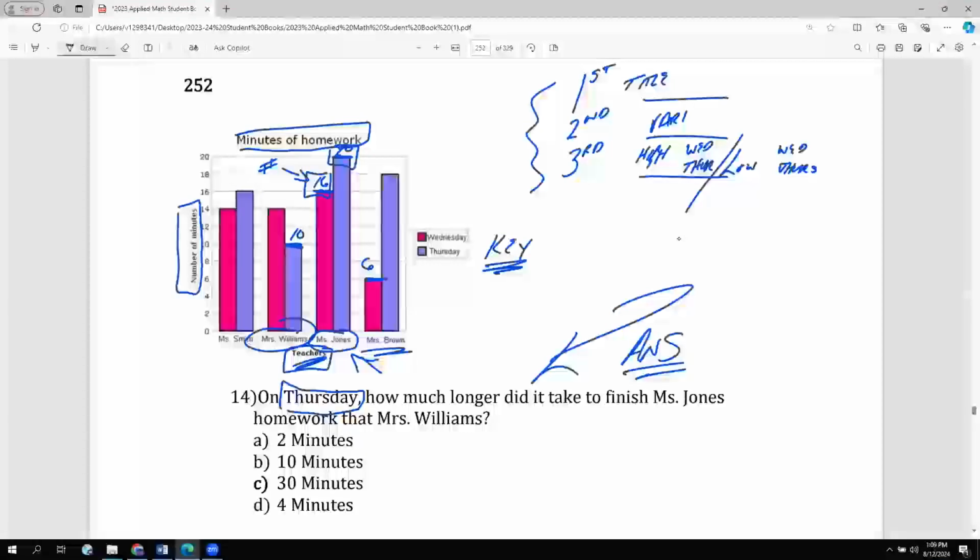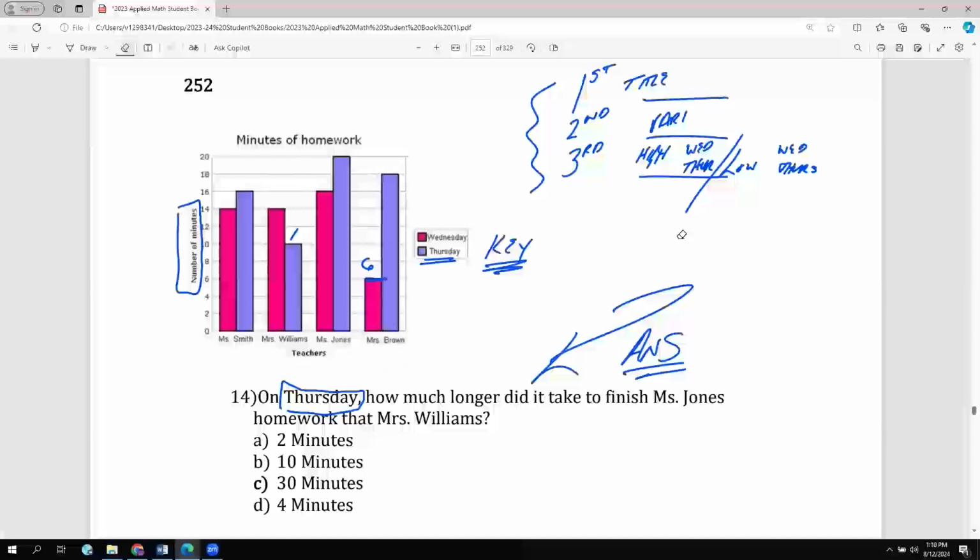The blue bar actually represents Thursday, and we should be looking at the blue bars, not the red bars, okay? They're also telling us to look at specific people. Did you see that? Specific teachers. They're saying Miss Jones and Miss Williams. So we're looking at the blue bar for Miss Jones and Miss Williams.